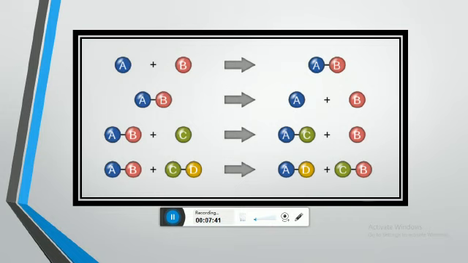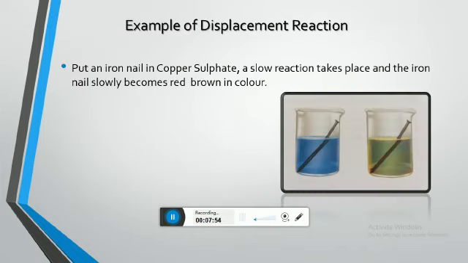So two things are displaced. That's why in the fourth one, AB plus CD are converted into AD plus CB. This is called double displacement reaction. Keep in mind, in this video we'll only discuss single displacement reaction.